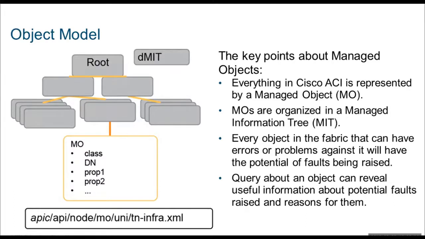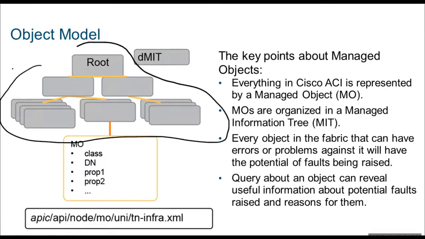Notice that lowercase d on top, because the objects that are these branches are all spread across multiple devices. Remember, APIC sees your entire fabric as spread across a virtual chassis. In the virtual chassis, it sees the leaves as line cards, the spines as what we call fabric modules.